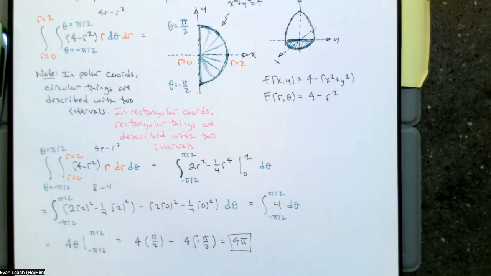Which is the same 4 pi that we got previously. Because we had used rectangular coordinates to model this round stuff, and it was super inconvenient, we had to do the super inconvenient method of trigonometric substitution. Now that we're using the proper coordinates, round coordinates for our round stuff, the mechanics worked out much easier.